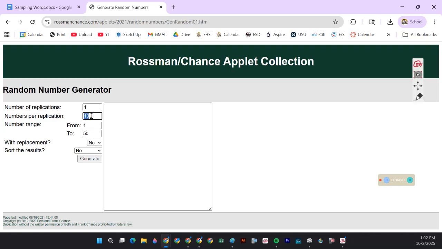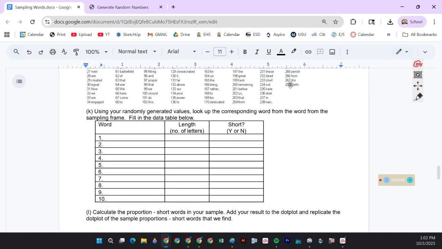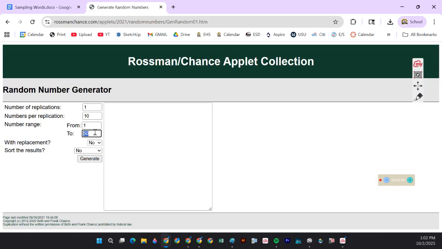And how many numbers will be in each sample? 10. Right? We're picking 10 random words. If we list all of the words from word number 1 to the end, there are 268 words. So this is going to be 268.